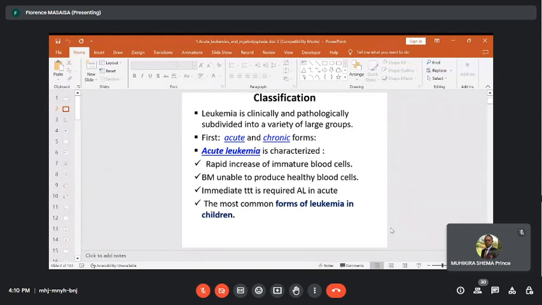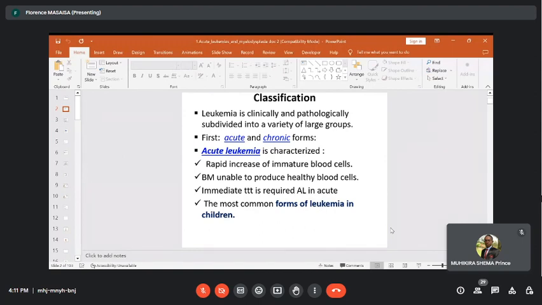They stay immature, then the bone marrow will be full of immature cells. The bone marrow will not be able to produce any line of cell. So there will be a decrease in hemoglobin, a decrease in mature white cells, and a decrease in platelet production because the bone marrow will be hypercellular, busy producing immature cells which no longer mature. They lose the capacity or they have maturation arrest.